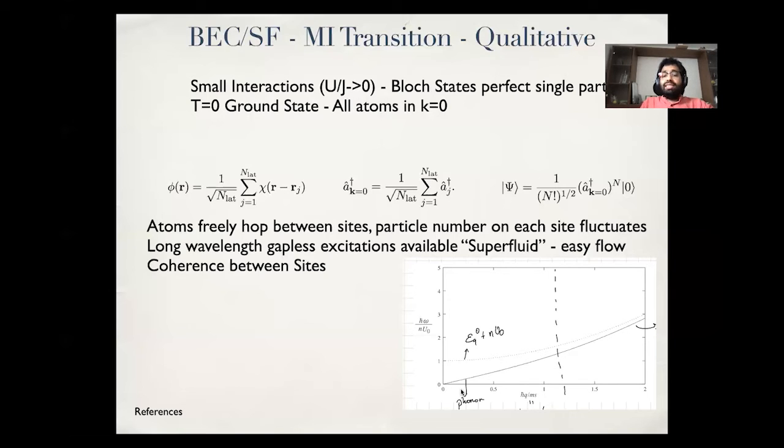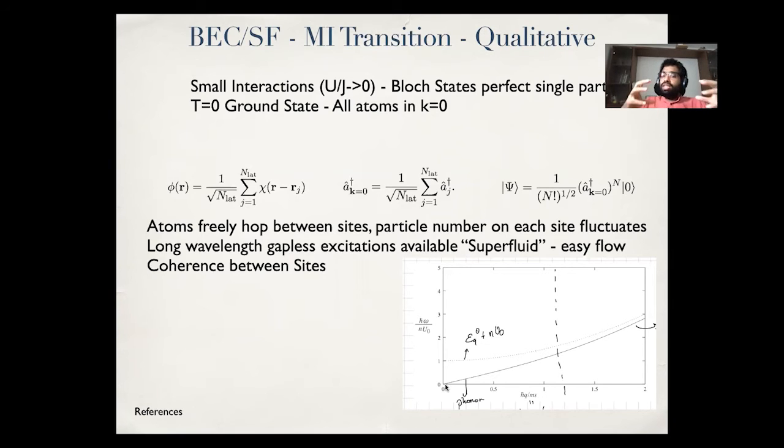And what we see is that when you look at the excitation spectrum of such a uniform Bose-Einstein condensate, there are excitations available at very small energies and essentially very long wavelengths, which means I can excite my system, and actually the system will accommodate an excitation at essentially zero energy.